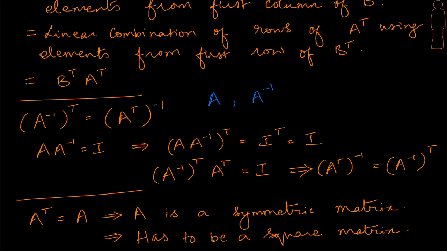It says A transpose is multiplied by some matrix here in order to get the identity, which means A transpose has been multiplied effectively by A transpose inverse. And what do we have here? We have A inverse transpose, and therefore A transpose inverse has got to be this one, which is A inverse transpose. Suppose we want to prove the other way, we could also take A inverse A equal to I and then try the same logic, and we would obtain this statement.